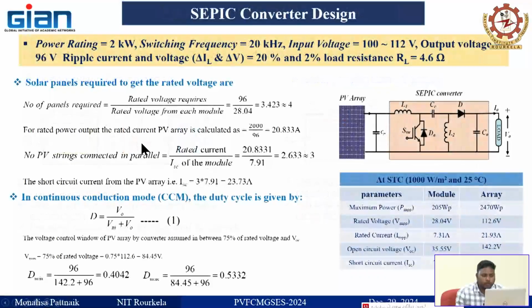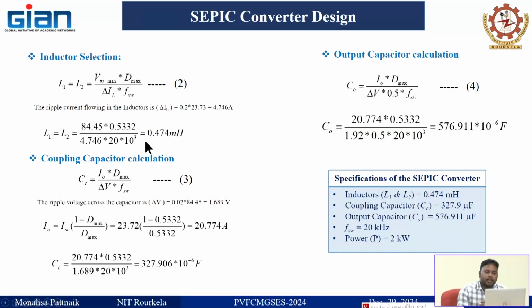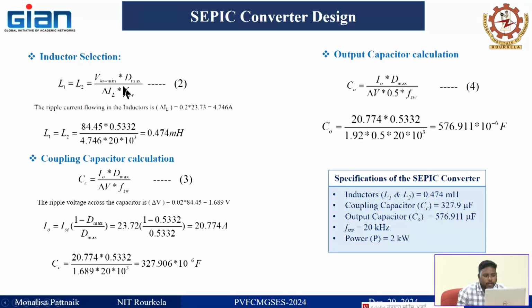So the voltages across L1 and L2 will be the same. That's why we take L1 equal to L2. Why are we taking Vin minimum? Because at minimum voltage, the peak current is higher compared to Vin max.